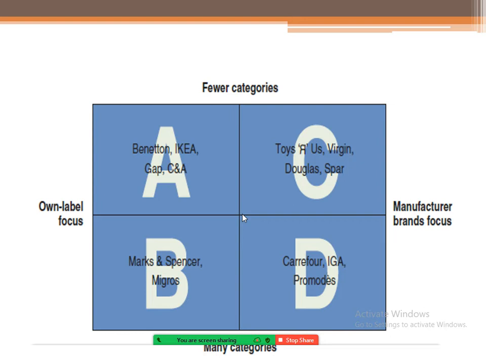Private label retailers that attempt to expand internationally face a double-edged challenge. They must attract customers to both the stores and the branded merchandise.